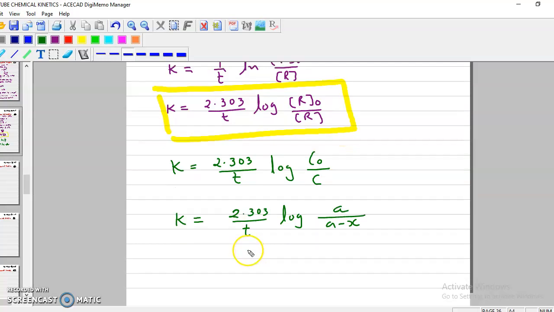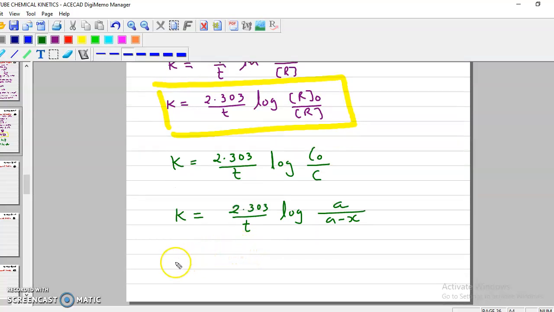Okay, and the same equation is used for nuclear reactions, and for nuclear reactions instead of k we write lambda. So lambda is equal to 2.303 upon t log N0 upon N, where N0 is the initial rate of disintegration of the radioactive element and N is the rate of disintegration at time t.